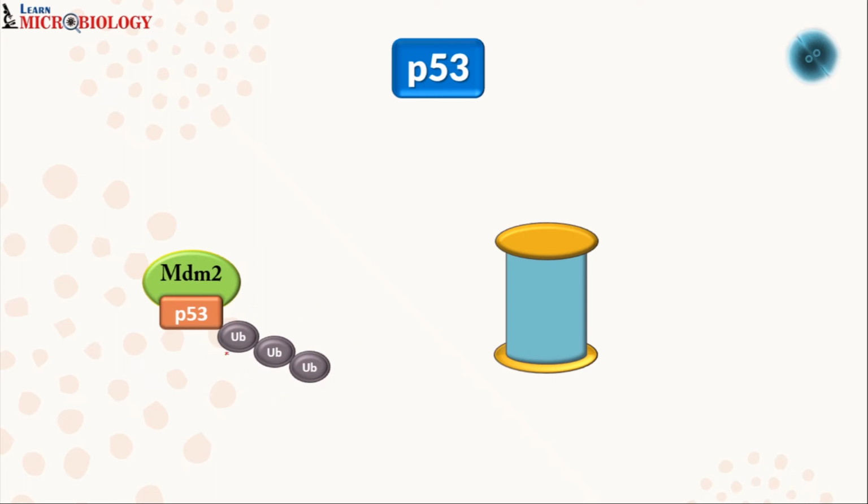Ubiquitination means addition of ubiquitin moieties to your p53. Ubiquitination means to add a ubiquitin group to the protein molecule. Now these ubiquitin molecules are actually tags. Any protein which has this particular tag has been tagged to get destroyed with the help of a molecular machine called the proteasome.